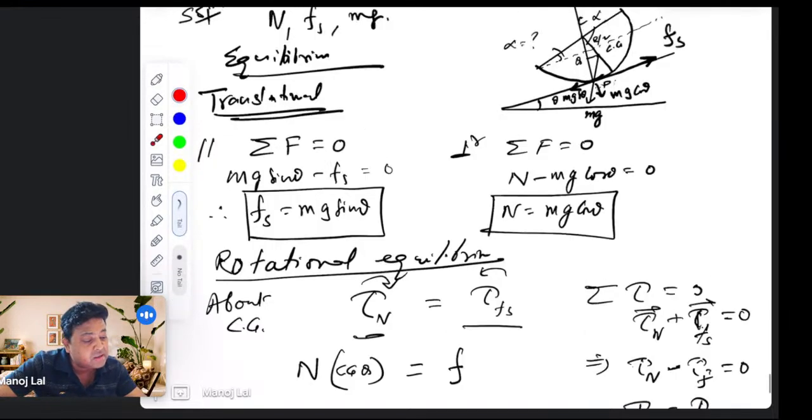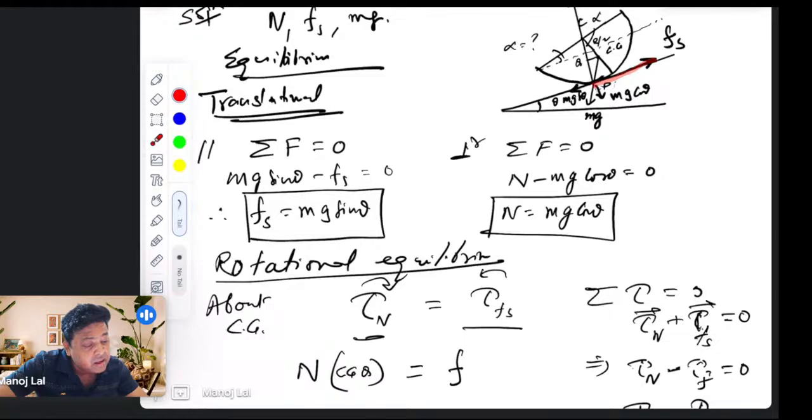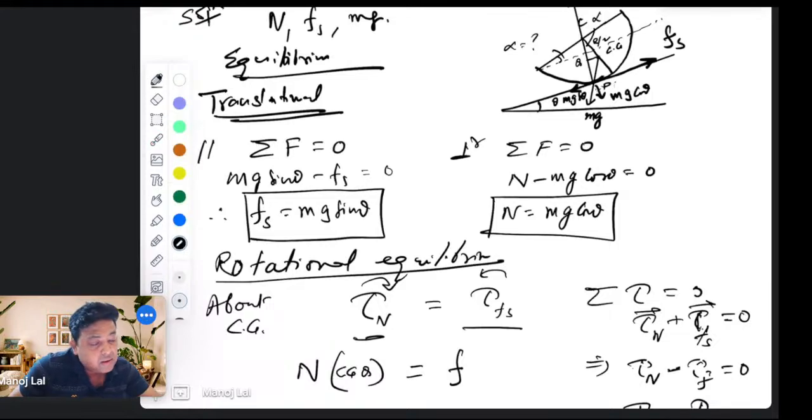Now, this is the friction. This is the R vector from the center of gravity, and its perpendicular component will be this. QCG is R by 2, and this angle is alpha. R by 2 is the center of mass of the hemisphere from the center of curvature, which we know.